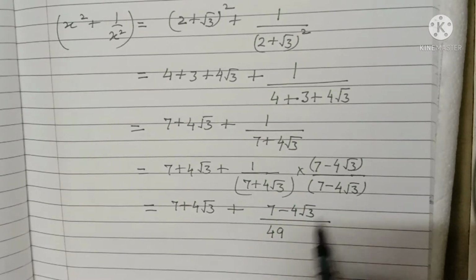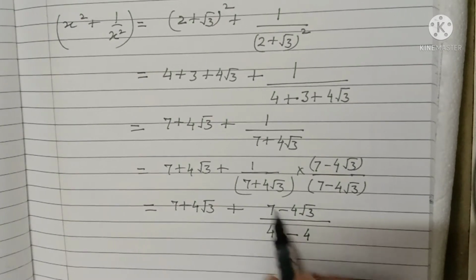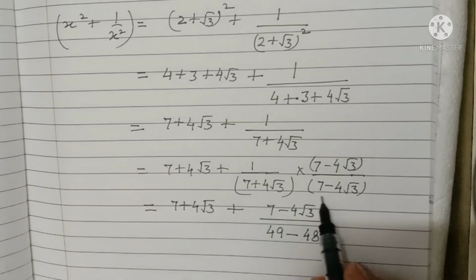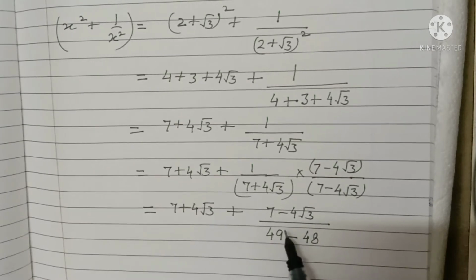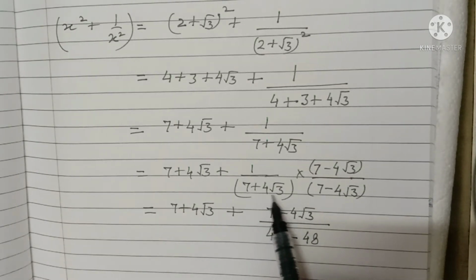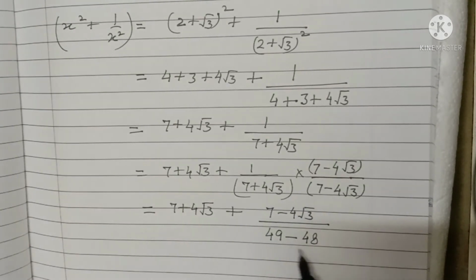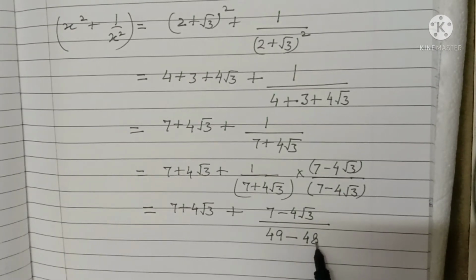So 16 3s are 48. I am writing here directly. You can write it 7 square minus 4 root 3 whole square. So you will get 49 minus 48 means 1.